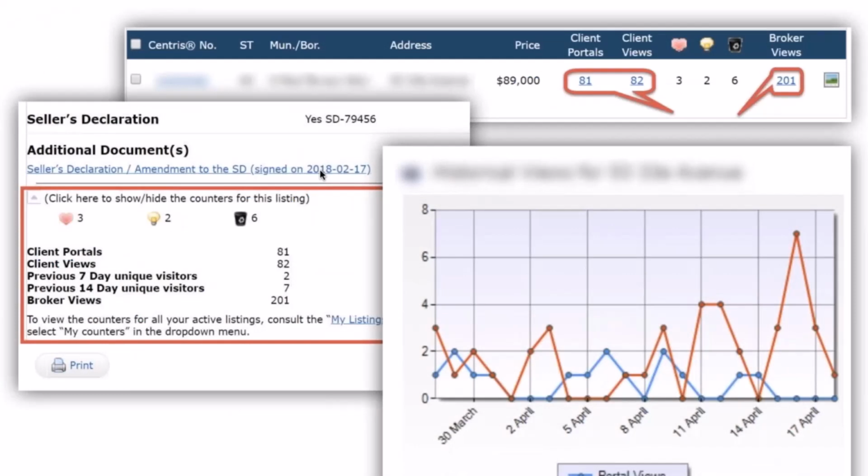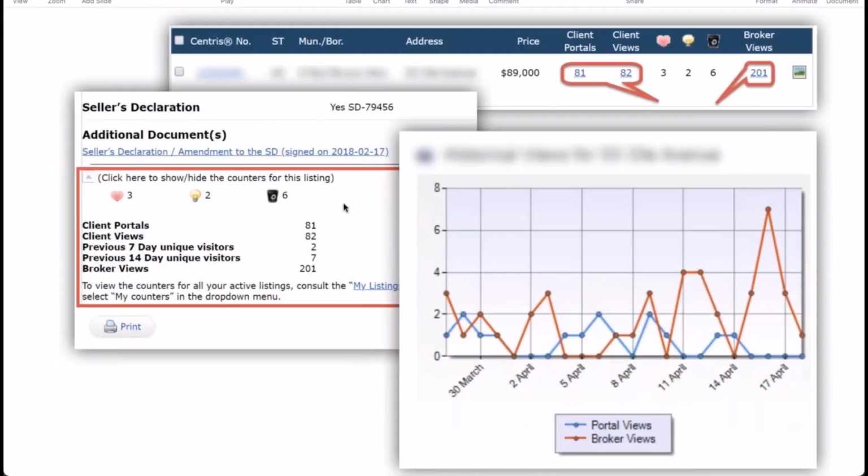So clients who are actively looking for what you're selling, a 3-bedroom home, Montreal, neighborhood of X. Very important information.